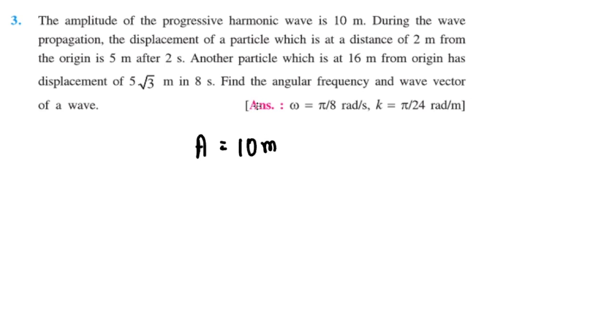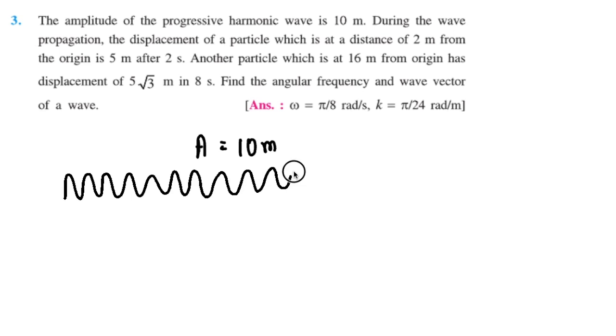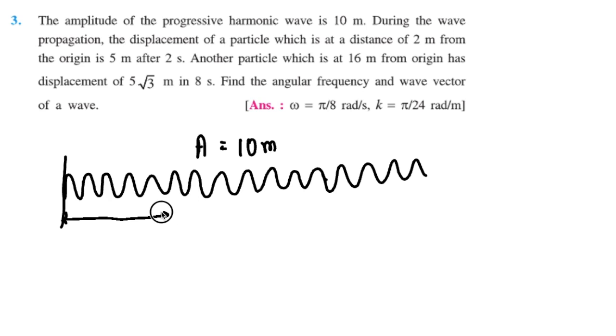During the wave propagation, the displacement of a particle which is at a distance of 2 meter, that means x1 is equal to 2 meter, at that time my y1 becomes 5 meter, and my time t1 is equal to 2 second.